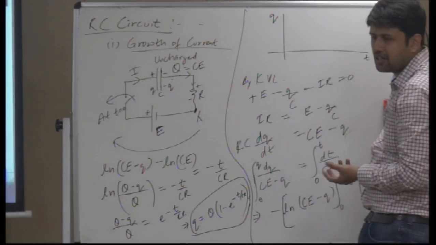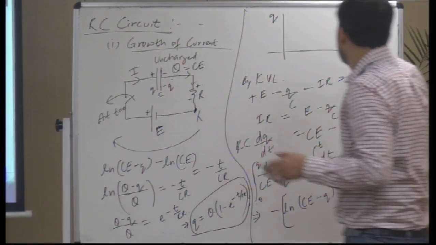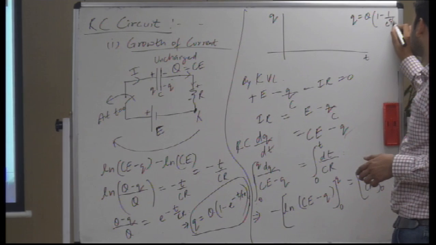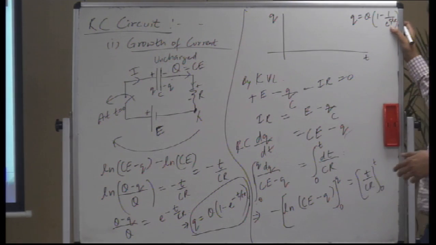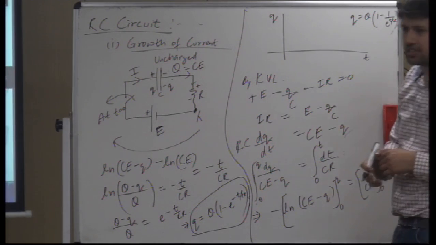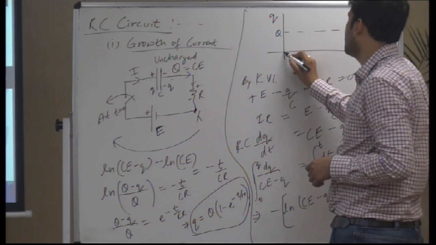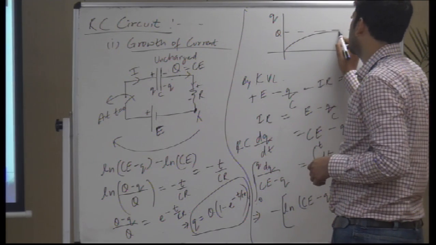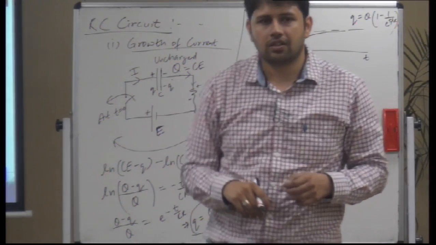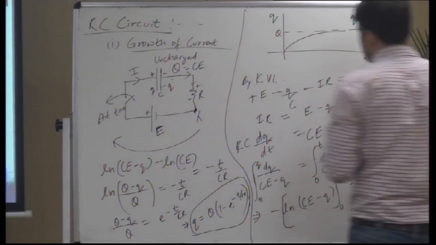As t increases, because the power is negative, this thing would be Q(1 minus 1 by e raised to t by CR). So as t increases, the denominator increases, this total thing would decrease and the charge would increase. So the graph rises like this, a rising exponential graph, but with a negative power. It will be something like this.